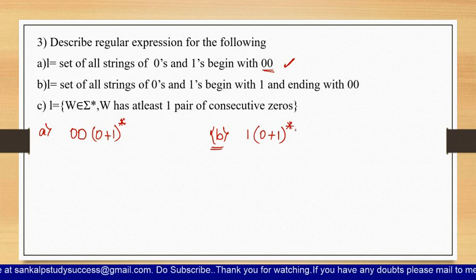It starts with 1, ends with 0 0, and in between has any combination of zeros and ones. In this way, you have to analyze the question, understand it, and then write the regular expression.